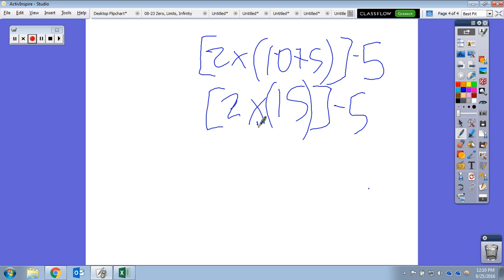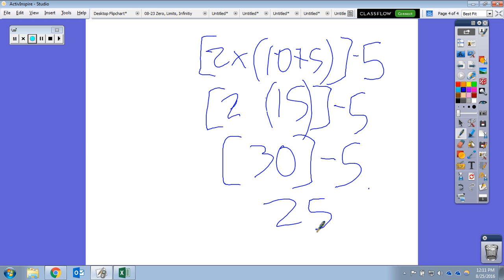Wait, is this x or is it multiplication? We're going to go with both. Can I just erase it? And I was confused with this bracket part. So brackets are just like parentheses. They're like big parentheses. Good job.